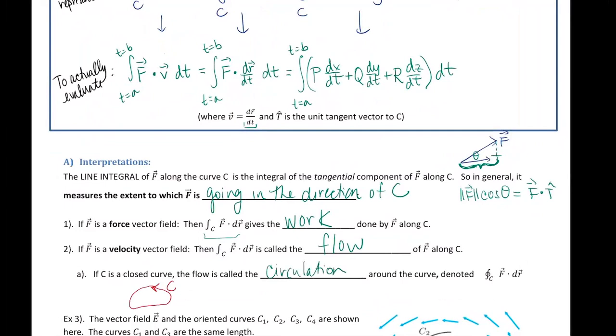So if it's a closed curve and we're looking at F as a velocity vector field, then this is going to give us the circulation, and we denote that by putting a little circle on the integral sign to let us know we're integrating over a closed curve.